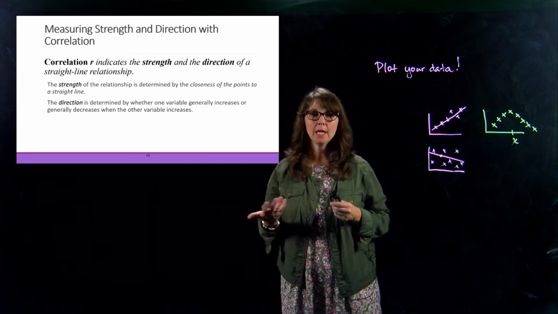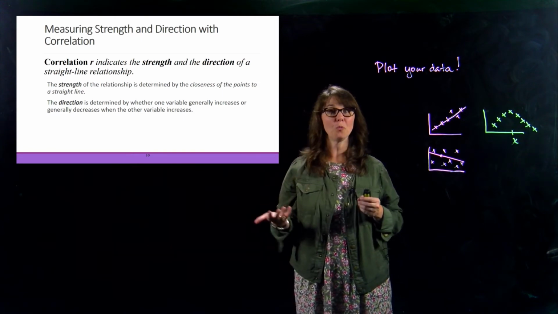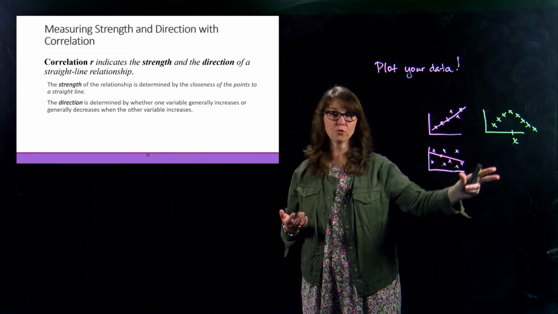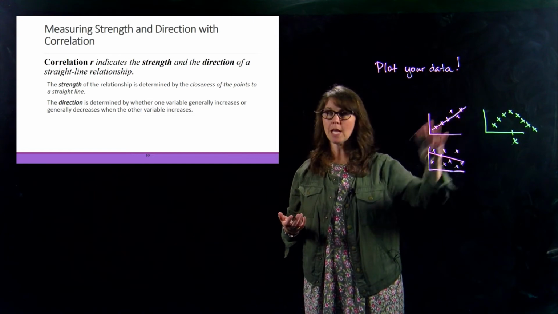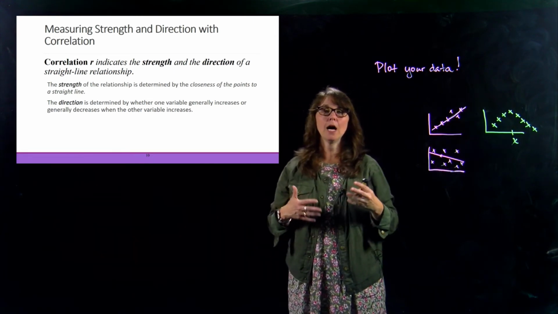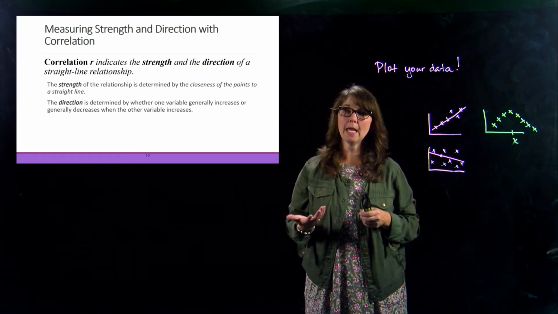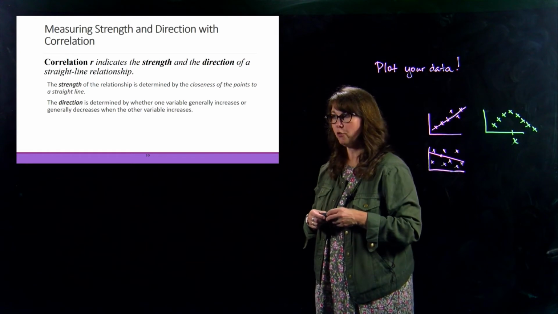Okay, so is that all we can do? Is that the best we can come up with? No. So great, plot the data, that's our first step. Take a look, see what kind of trends we have going on, see what kind of spread we have going on, see if it's linear, see if it's not linear. Then we go to a statistic called the correlation coefficient.